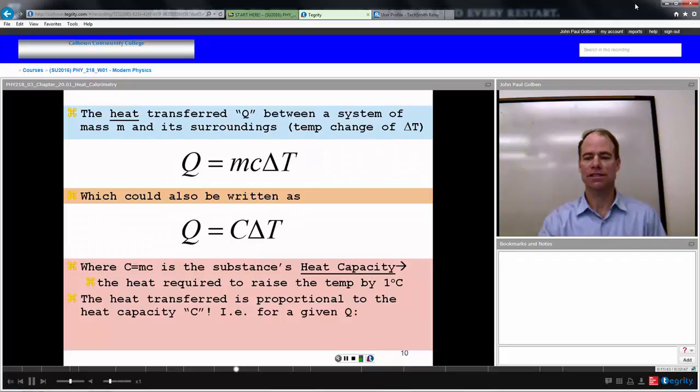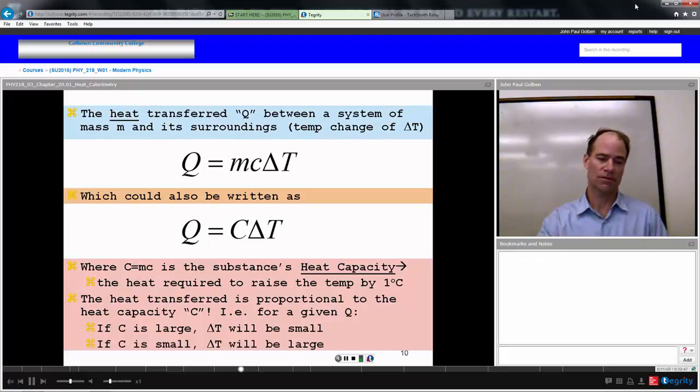The heat transfer then is proportional to the heat capacity, and so if the heat capacity is large for a given Q, the change in temperature will be small, and if likewise the heat capacity is small, then the change in temperature will be large. So going back to our previous screen where we had the specific heats of all those substances, given a certain heat added to a substance, if it were water, which has a large specific heat, then its change in temperature will be relatively small for a given heat input.